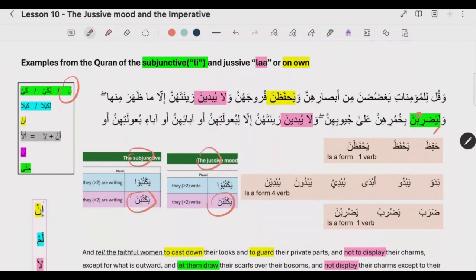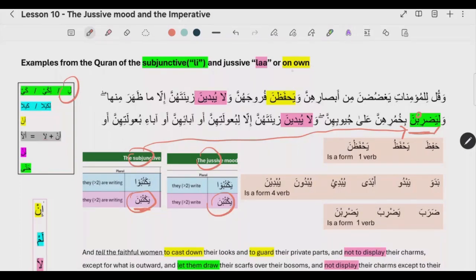You have the ya in front, the last letter has a sukun, and then the na coming in on both of them. Because it's li here, it's actually the subjunctive li, and this verb is subjunctive. So this is an example of that, liyadribna.